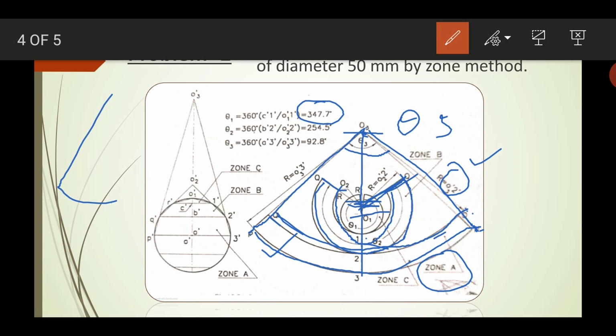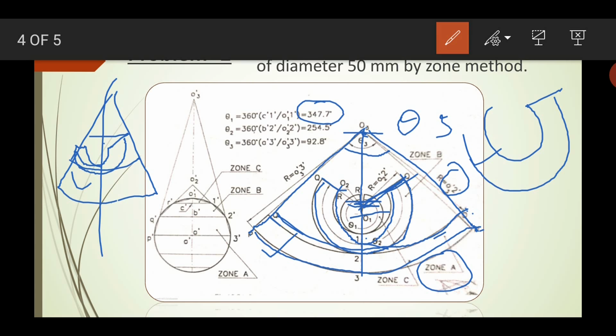First you will get an angle like this. Now this is the axis. So first we will get zone number 1, or zone A. And then for the second point, you mark it as zone number 2. You will get an arc like this, and a shape like this.